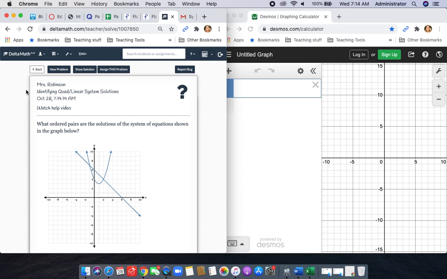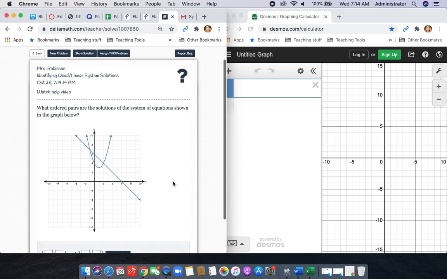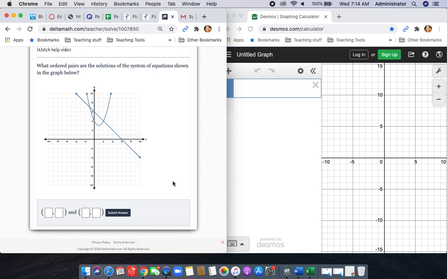So for these here, by the way, all you have to do is identify the ordered pair. It says, what ordered pairs are the solutions of the system of equations shown in the graph below? Well, I can see that they intersect at, from my origin, I go left 1, so that's -1, 7. So that's what I'm going to type in, -1, 7.